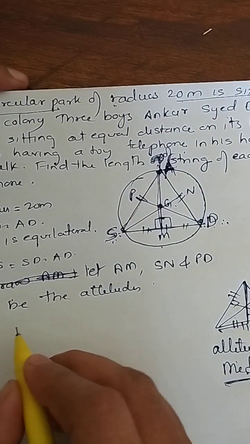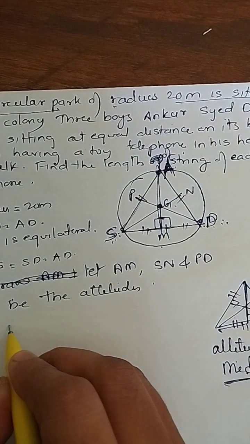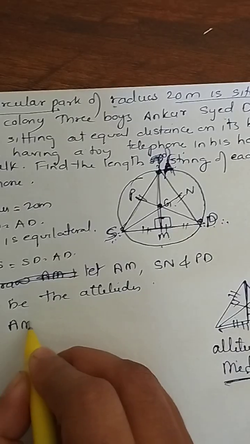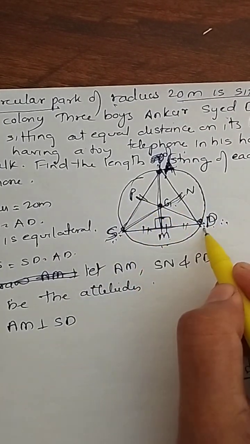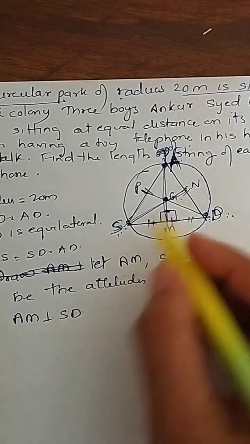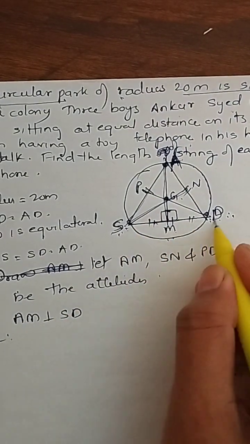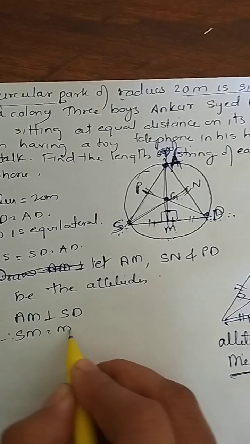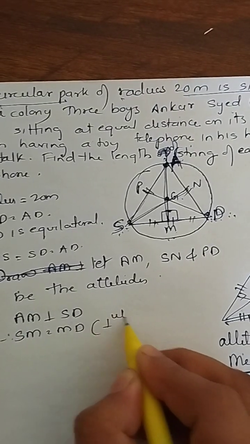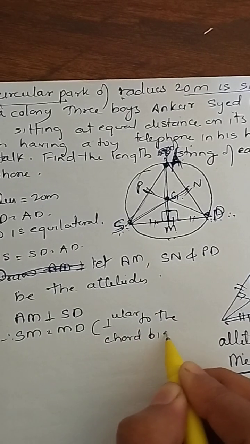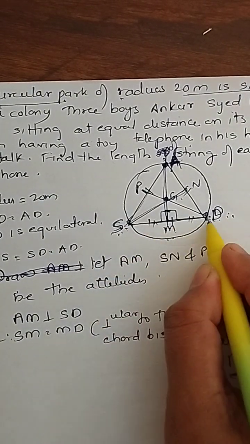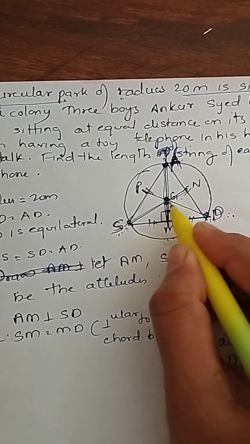So I will say now, AM is perpendicular to SD, right? Similarly, SN is perpendicular. Therefore, SM is equal to MD. A perpendicular to the chord from the center bisects the chord, right? Because this is the chord, and this is the perpendicular from the center.